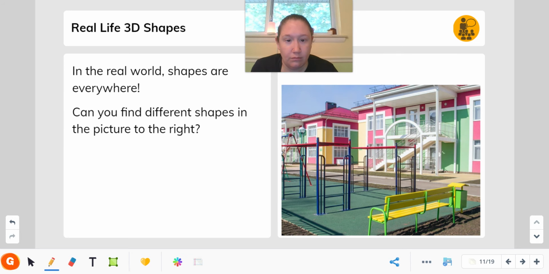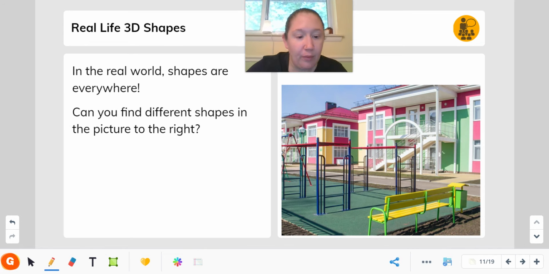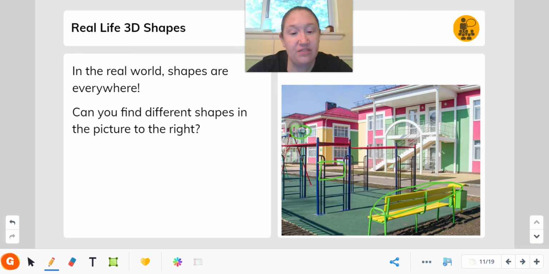All right, so I'm just gonna highlight a couple here. Down here with the bench, the slats on the back, those are rectangles. And these steps, those are rectangles also. There's lots of shapes in here. I see a sphere on the lamp right there. So there's a ton more. I want you guys to find some different shapes.